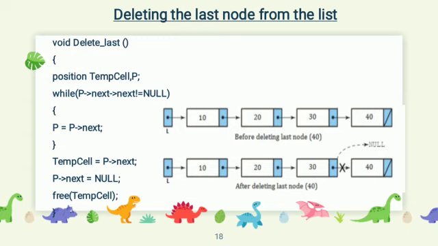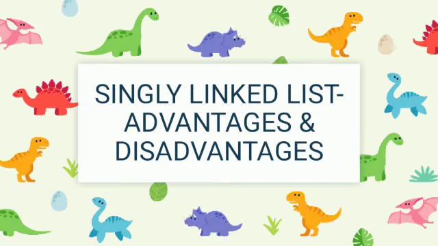We execute the statement p equal to p of next until we find the last node, that is, p of next equal to null. Then we set p of next node as temp cell. Then we change p of next to null. Now the temp cell is free, so we delete temp cell. That's all for the deletion operation.